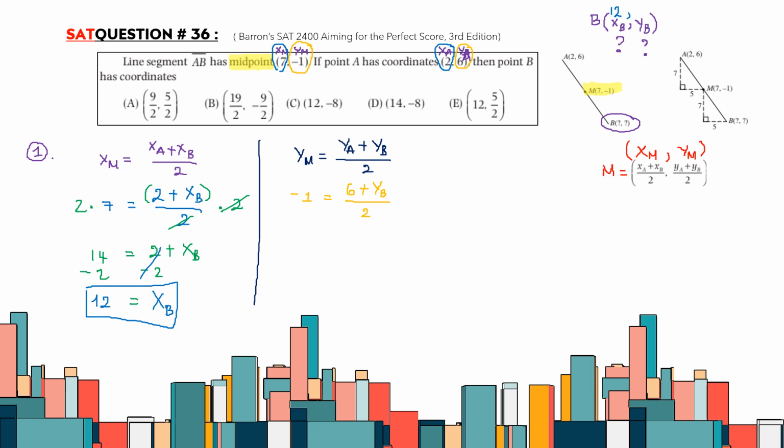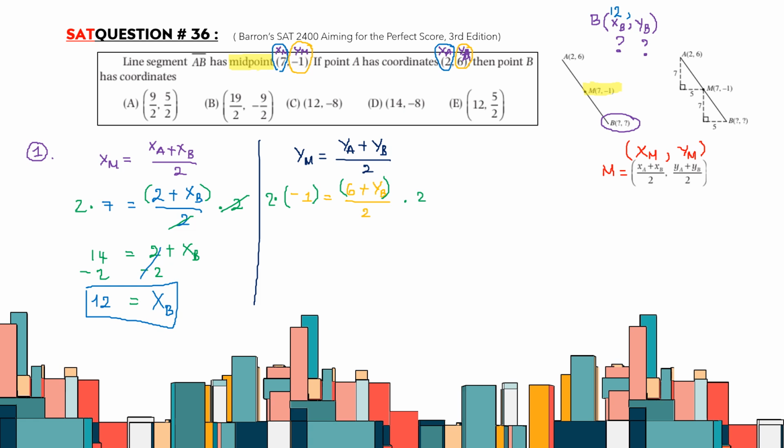Similar to the other side, we just multiply both sides by 2. Make sure that when we have negative numbers, we put them in parentheses before we apply the multiplication. And also if we have more than one term, here we have two terms, 6 plus y sub B, we have to put them in parentheses as well.